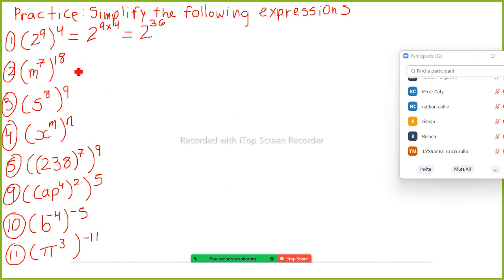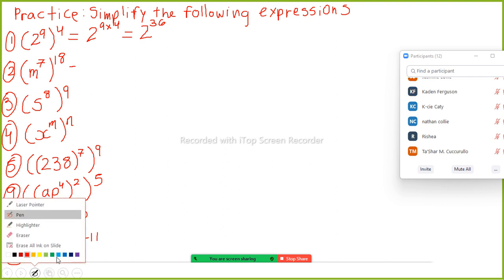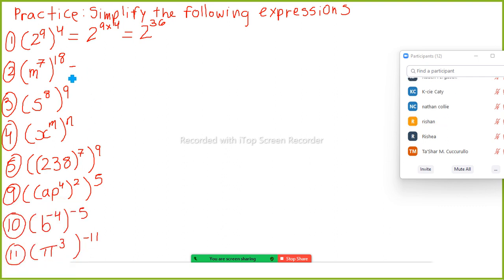Rashan Neely, what do you get for number 2? Number 2, that's m to the power of 7 all to the power of 18.